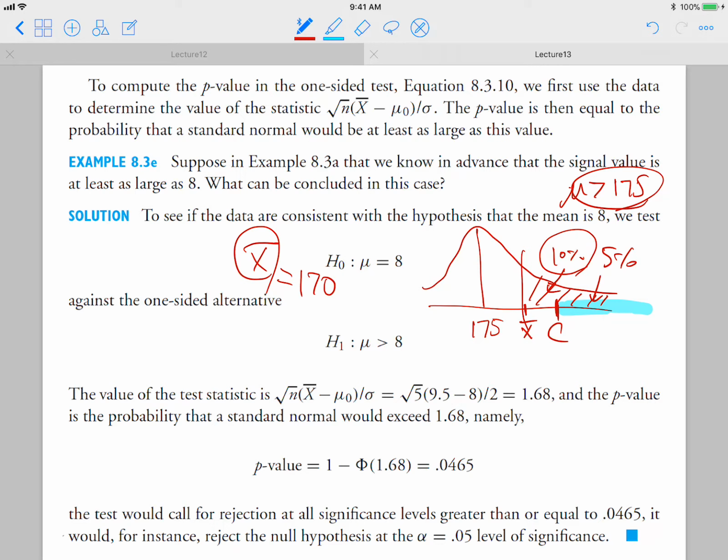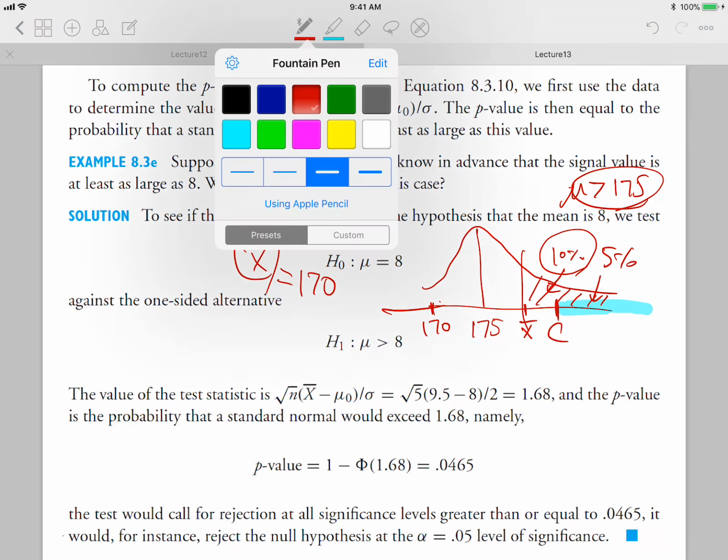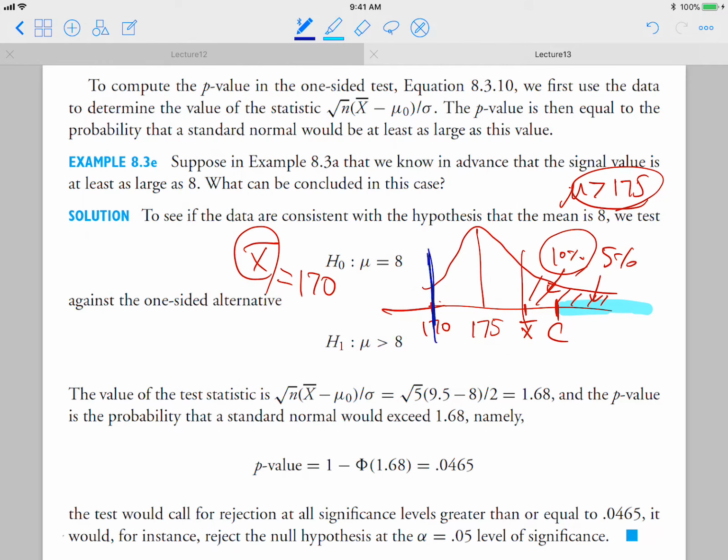So it's quite the opposite kind of situation. And then what will be the p-value in this case? So we have 170 here. And should we consider this probability or this probability?